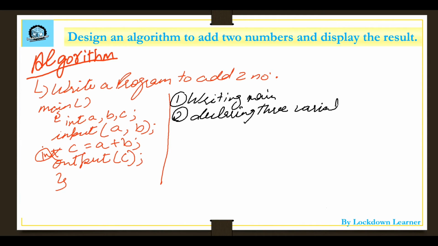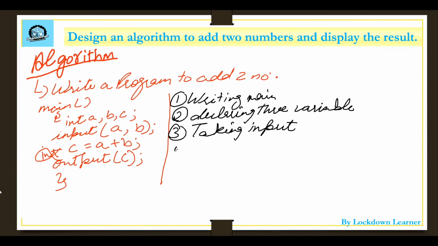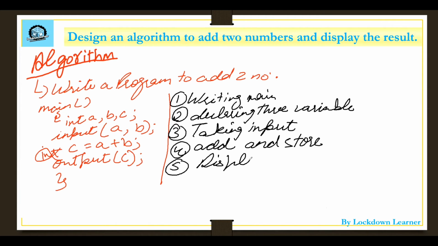Okay guys, and then you took input, and then you did add and store. You are adding the variables and storing the result. And then fifth, you display the addition of those two numbers.